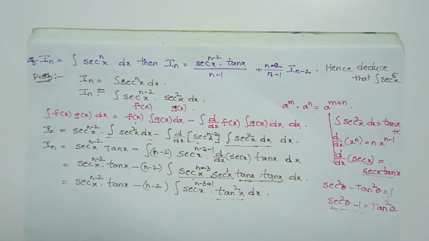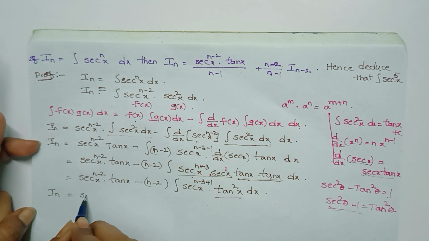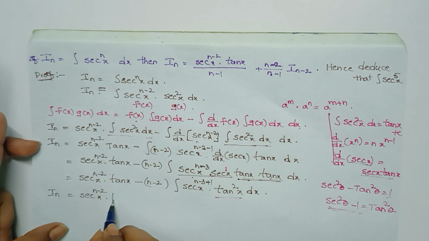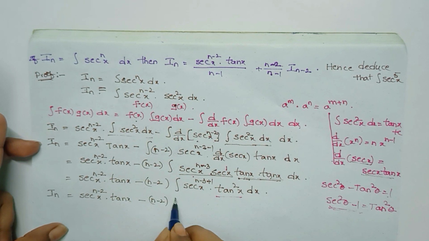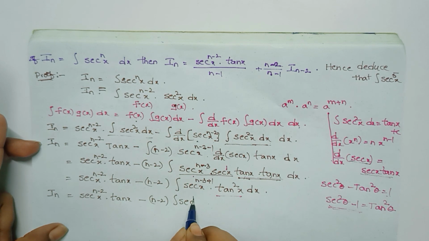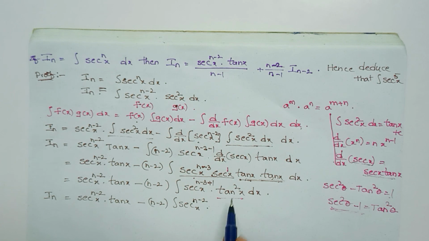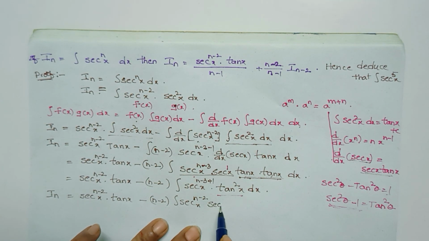Let us apply this formula. That implies In is equal to secant power n minus 2 x into tan x minus n minus 2 into secant power n minus 3 plus 1, that is n minus 2 x, into, this tan square x is secant square x minus 1.